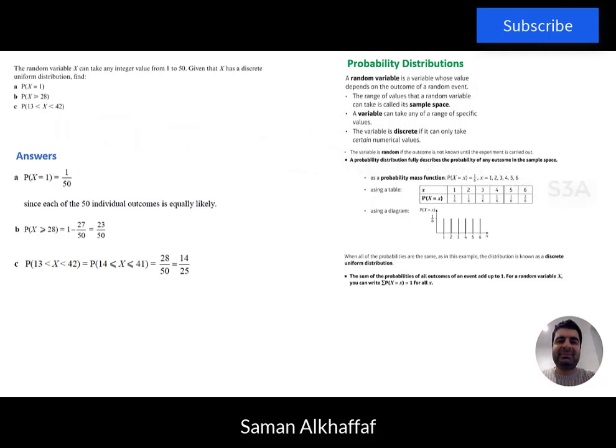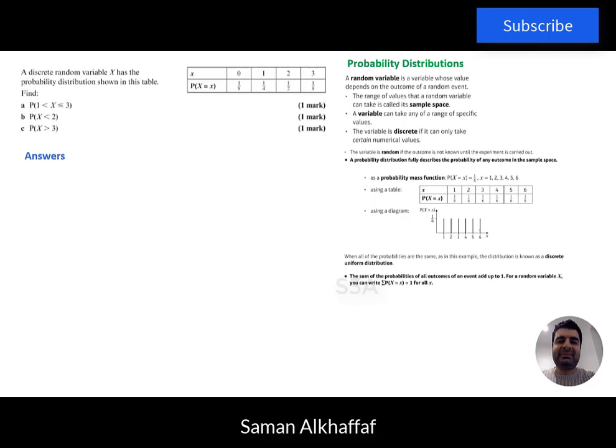In this scenario we're looking at the range of 28 over 50, and that can be simplified to 14 over 25, and this will be our answer for part C.